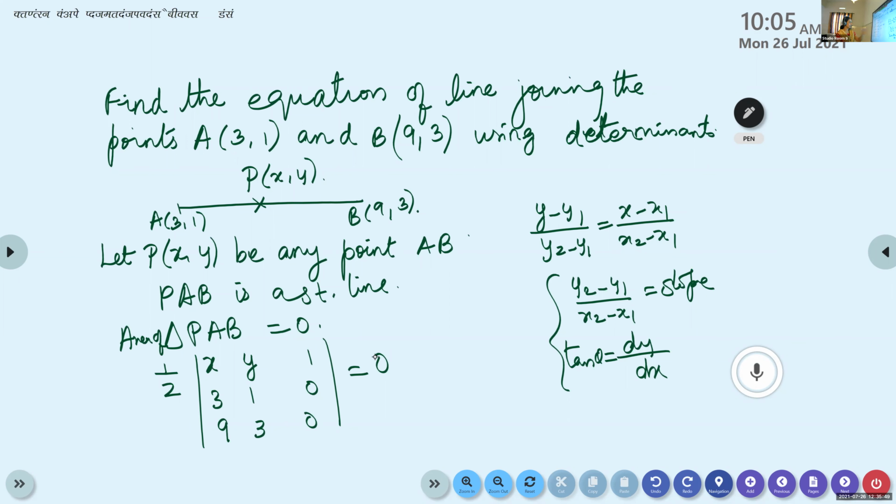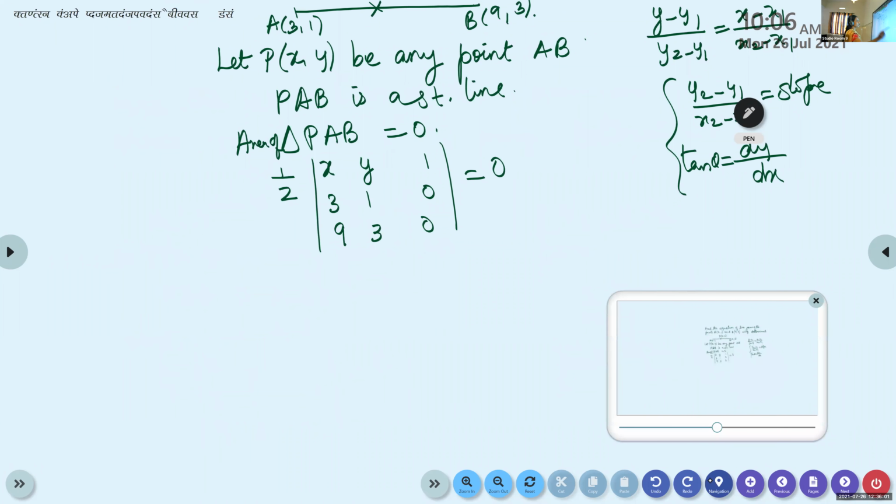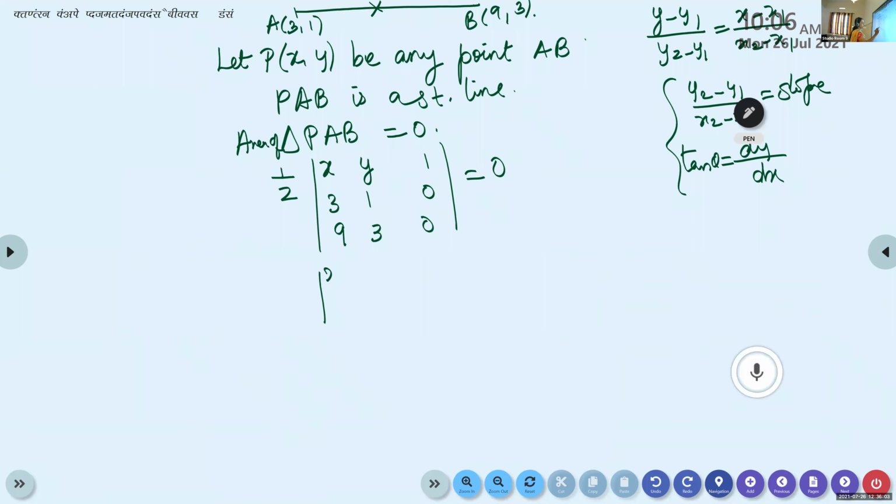Since it is a straight line, the area of the triangle is 0. So half into the determinant is equal to 0. When you equate it to 0, you get the determinant x, y, 1; 3, 1, 1; 9, 3, 1 equal to 0.